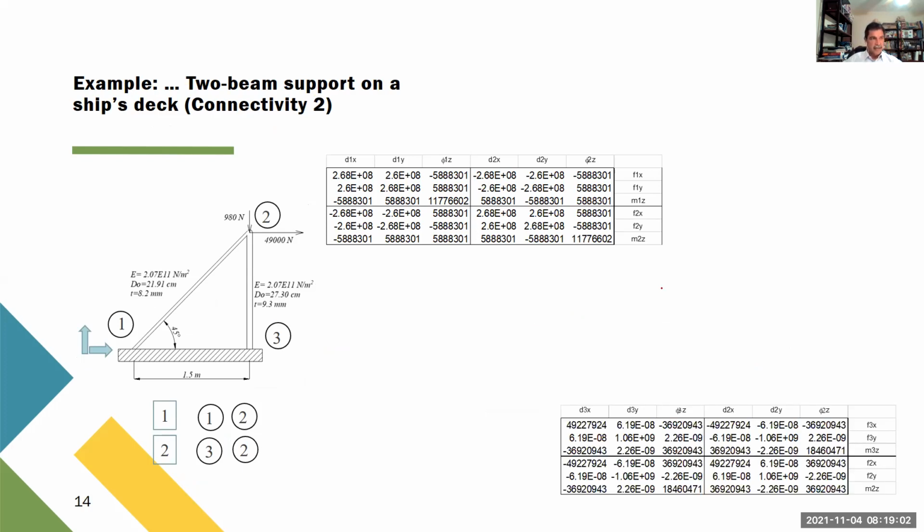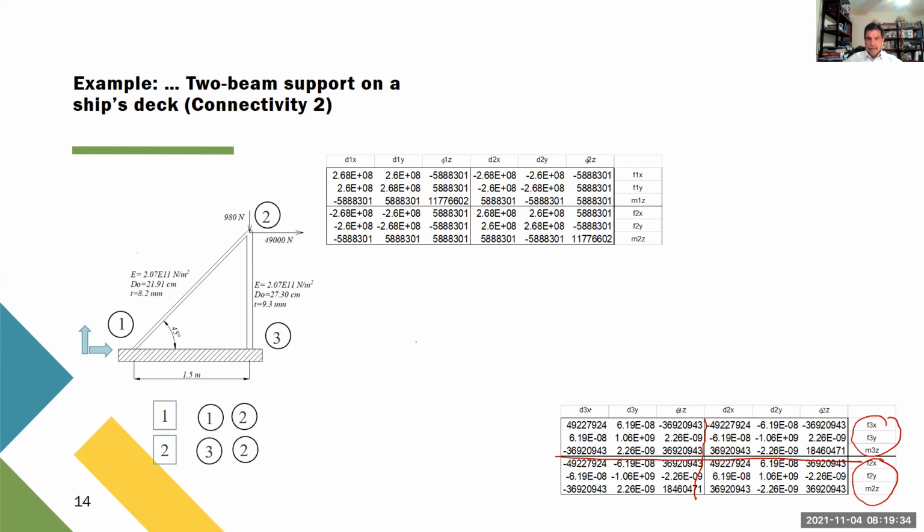That's the element 2 matrix. Here we have the difference, okay? So remember that this matrix relates the equilibrium of 2 joints. So these first three equations are related to the external forces in joint 3. The second 3 are related to the external forces in joint 2.